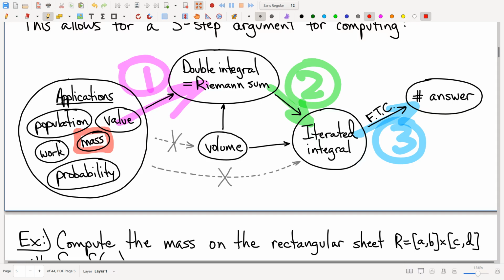Rewriting a double integral is an iterated integral. Now, how I know this is true, I like to justify from the point of view of volume, but I don't have to justify this every time. I've already justified it. We have a theorem that says double integral equals iterated integral. So volume doesn't come up here either. Does that make sense? Again, it's underneath, I suppose. But in fact, a really rigorous argument as to why double integrals are iterated integrals doesn't involve volume at all. I like the volume argument because I can see it, I can get my hands on it.